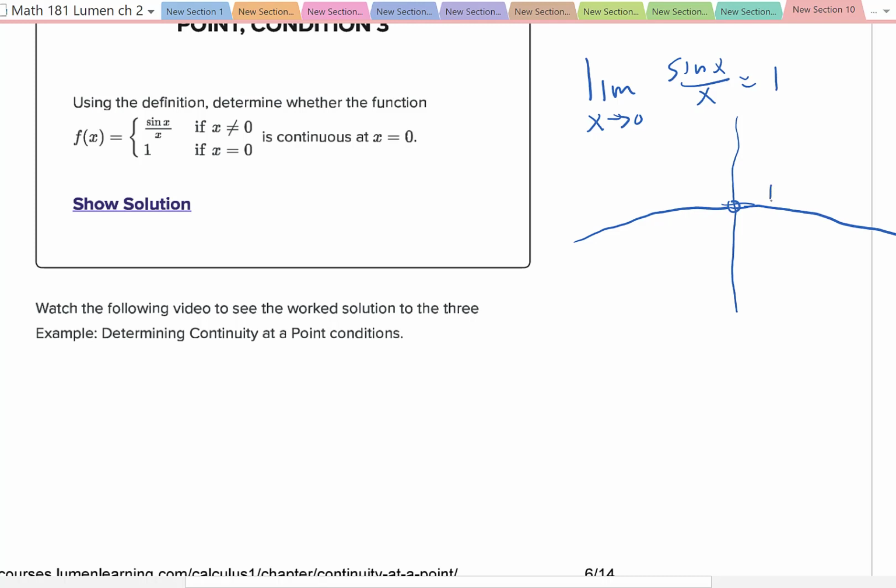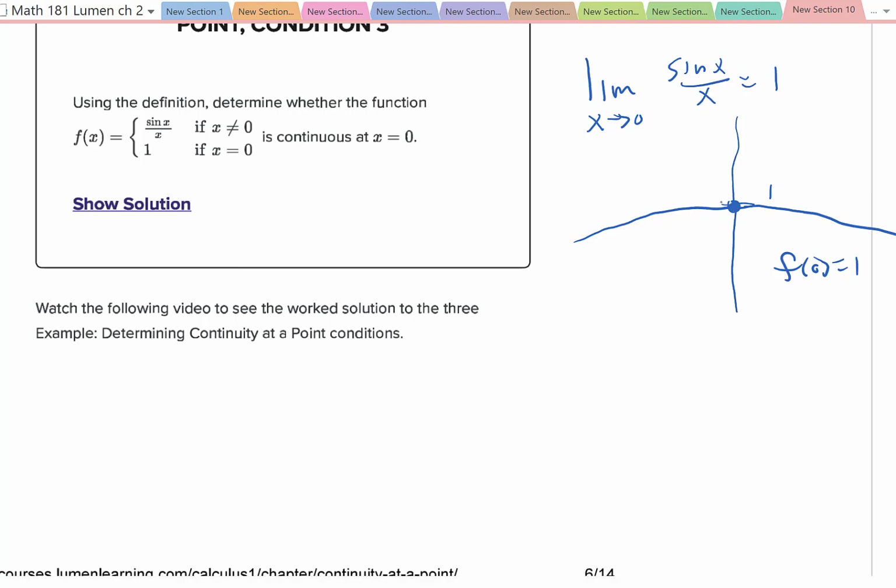But this one also defines it as a piecewise function, so that f at 0 is 1. So here we have a case where the hole created by the sine of x over x would actually be filled in, because it's not undefined, since we defined it at x equals 0 to be 1.